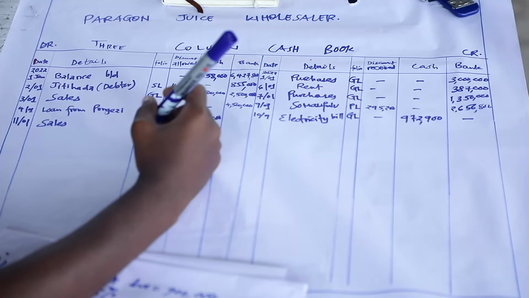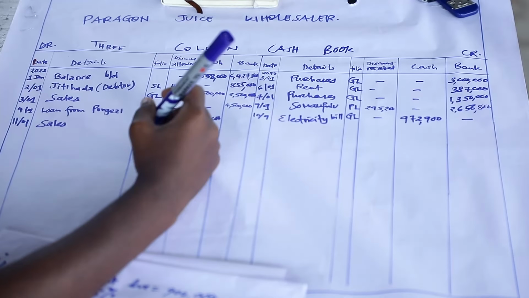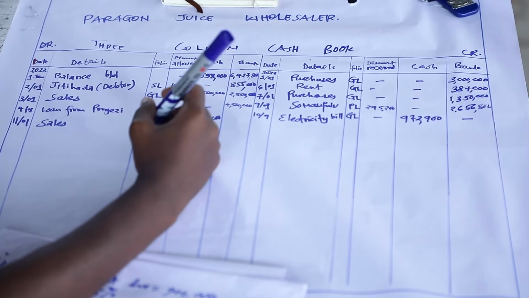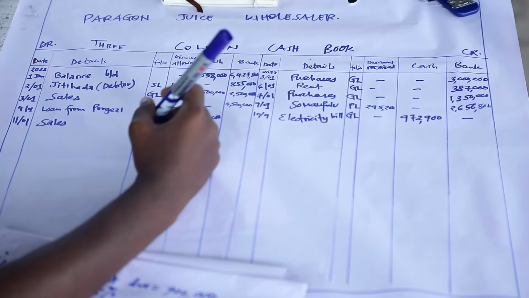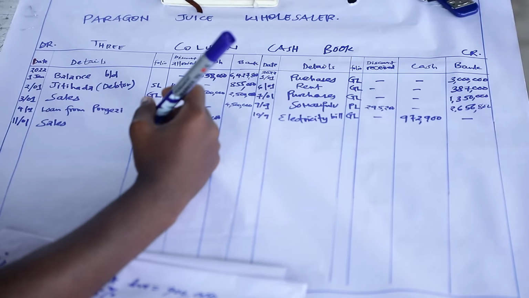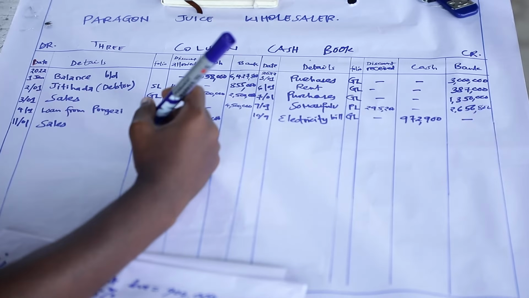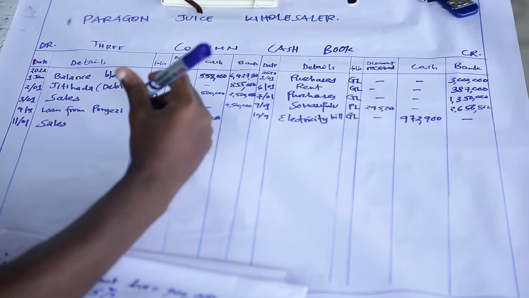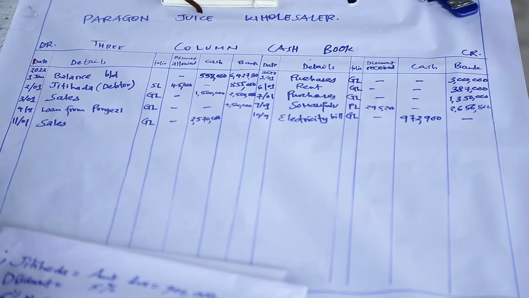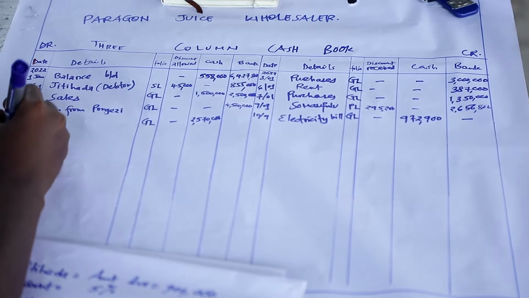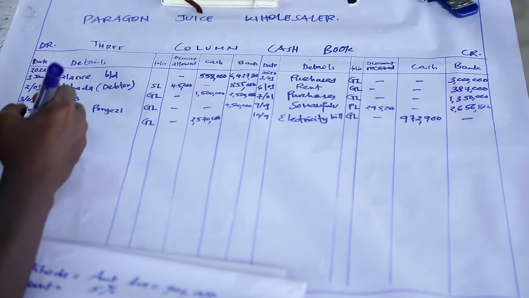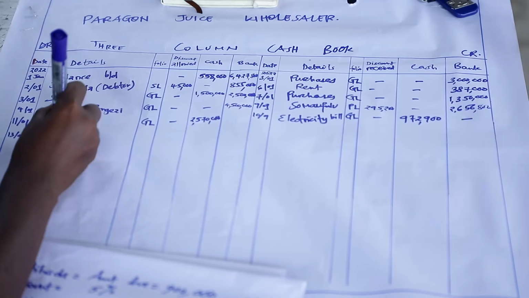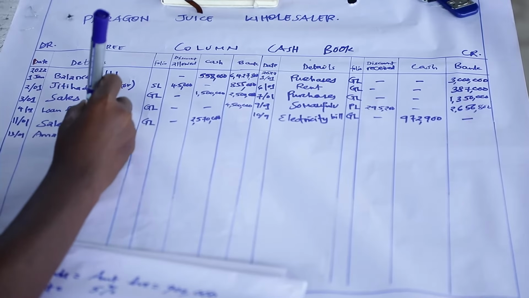Received a check for 79,200 from Amazon. This after deducting cash discount here. So Amazon ametulipa check ya 79,200 baada ya kutoa hiyo discount. So hapa hamna shida kutafuta, maana tushapewa amount of discount. So to be on 13th January, Amazon tunaweka upande wa debit, maana ni debtor na ametulipa.